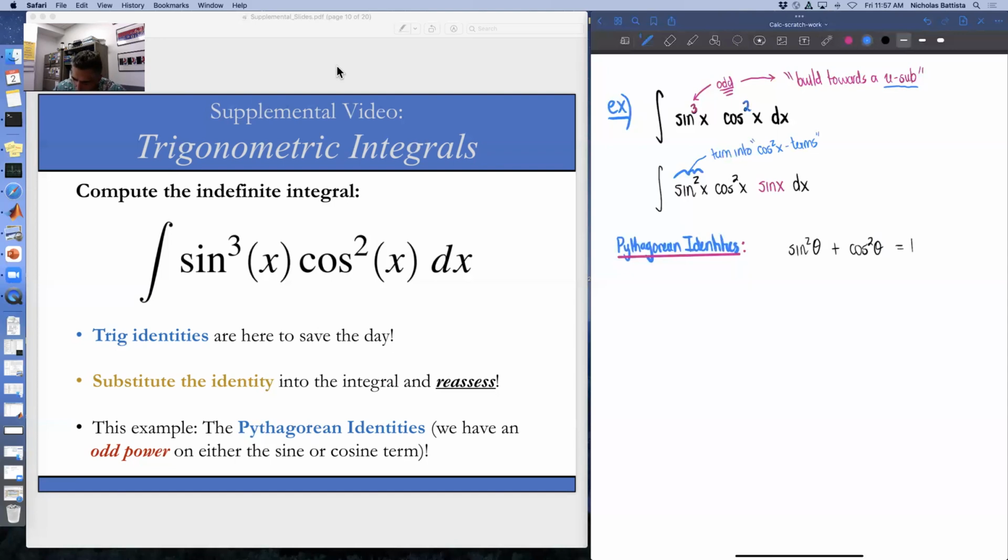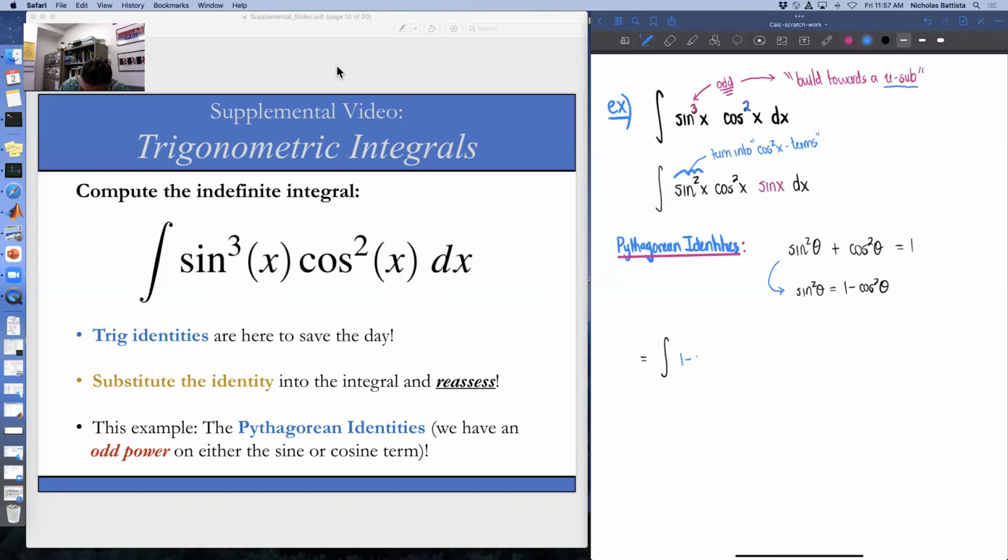The way in which we can do that is to take this identity and solve for sine squared. So sine squared of theta is always equal to 1 minus cosine squared of theta. And this is going to be what we substitute into that sine squared in that integral. So let's go ahead and do that next.